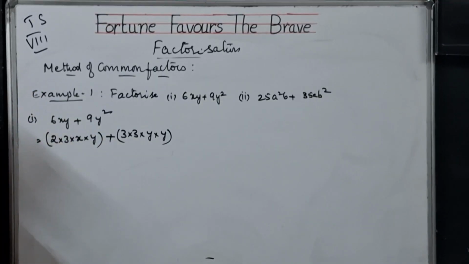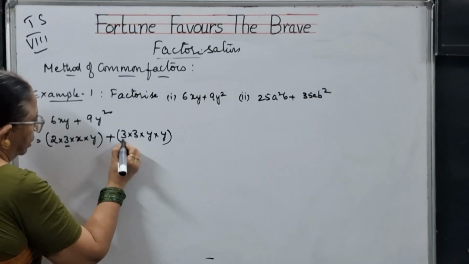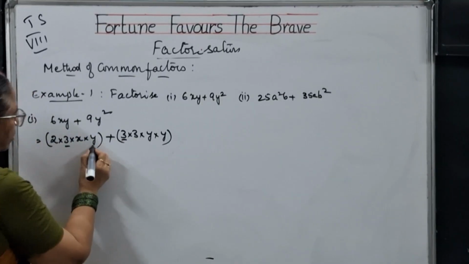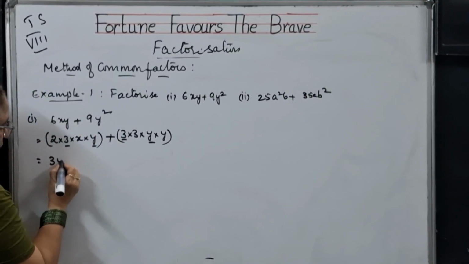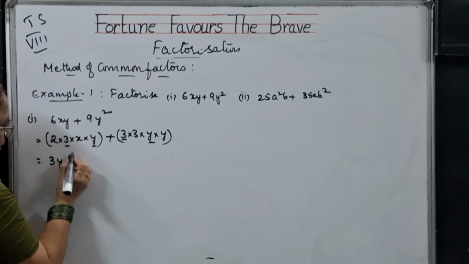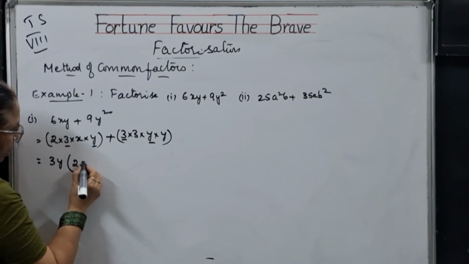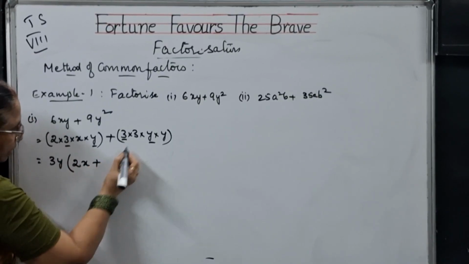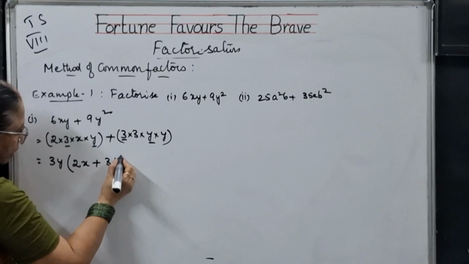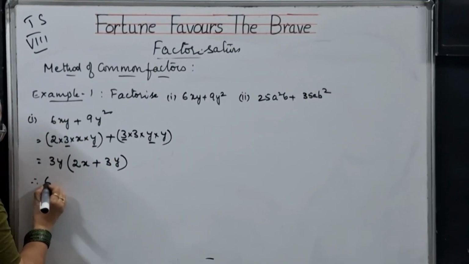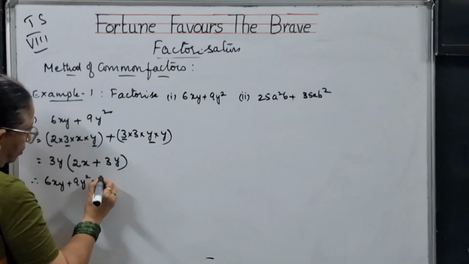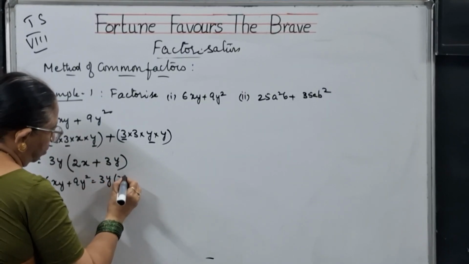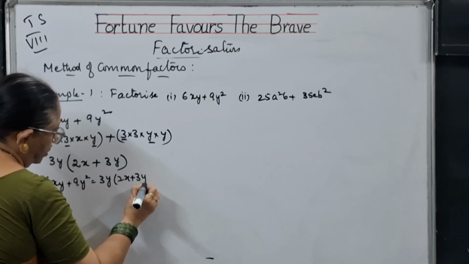Out of these two, what is common? 3 is common, 1 y is common. So when we take 3y out, left behind here is 2 and x, plus here left behind is 3 and y. Therefore, 6xy plus 9y square is equal to 3y into 2x plus 3y.